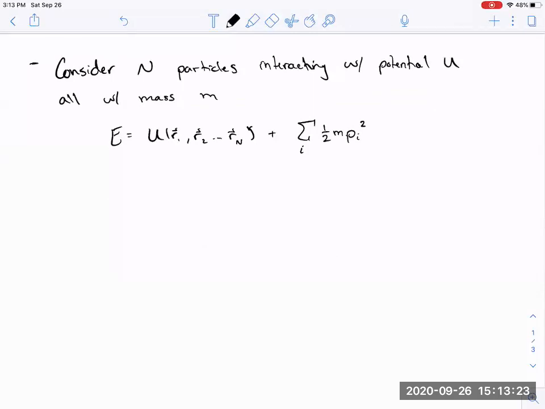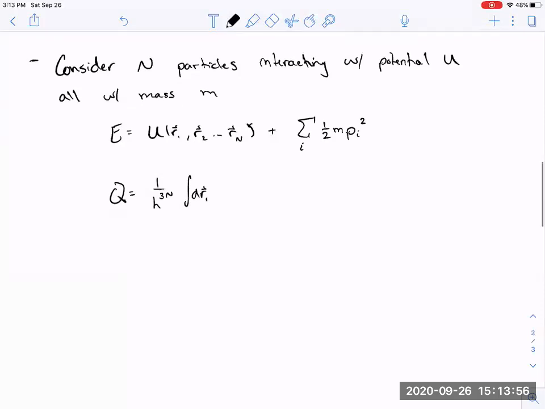So if a classical system interacting arbitrarily has that decomposition of its energy, then the partition function, if we use the resolution suggested by quantum mechanics, will give us a factor of h to the 3n, because I have 3n integrals to do, some of which are positional ones, like integrating over all the places R1 can be, R2 could be, up to Rn.